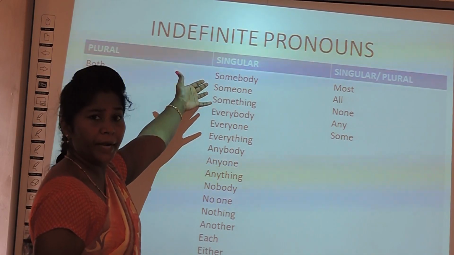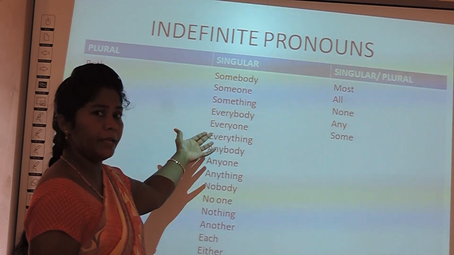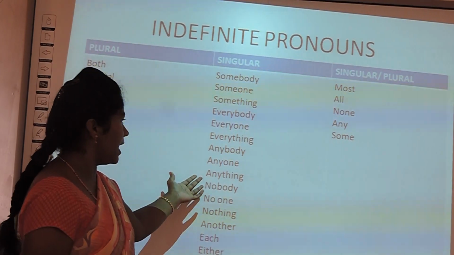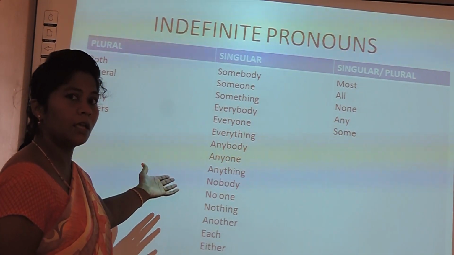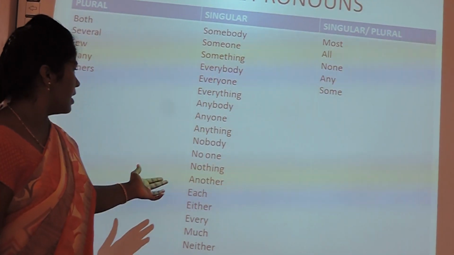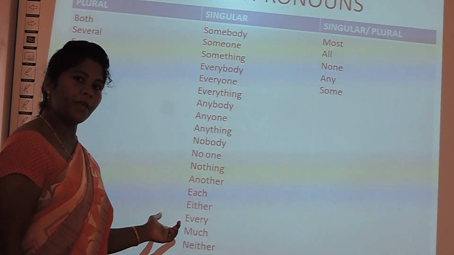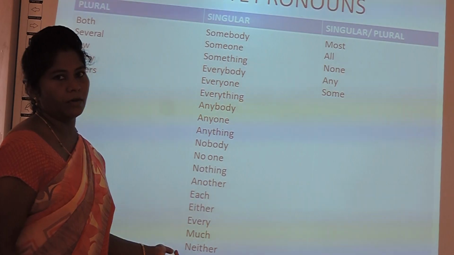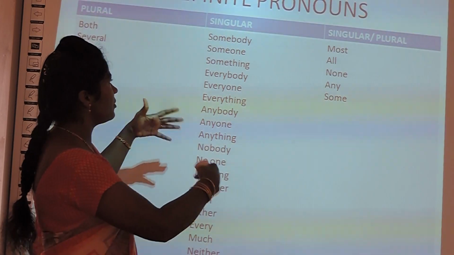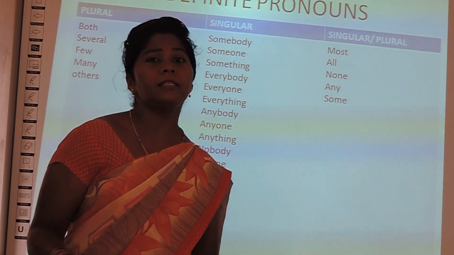They are somebody, someone, something, everybody, everyone, everything, anybody, anyone, anything, nobody, no one, nothing, another, each, either, every, much, and neither. Now this is a little bit confusing because when we have a sentence, for example, everybody is present.